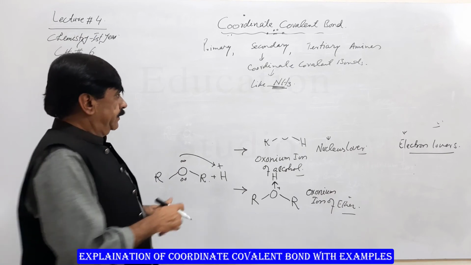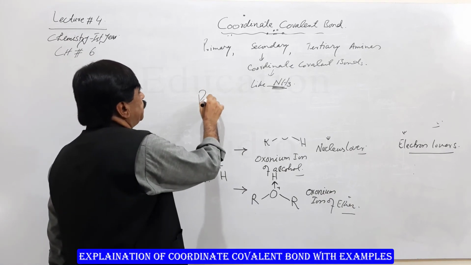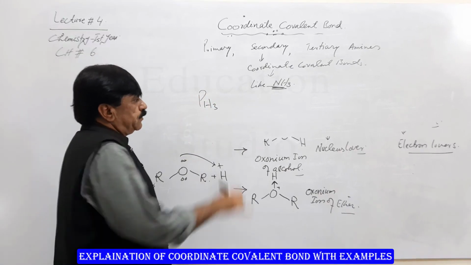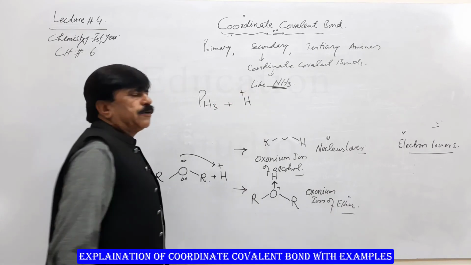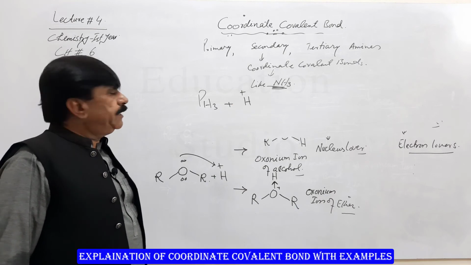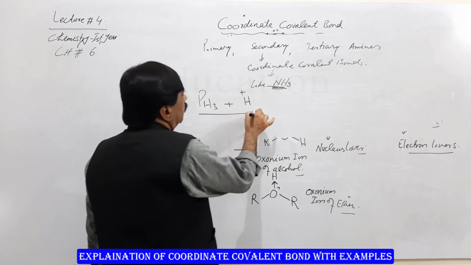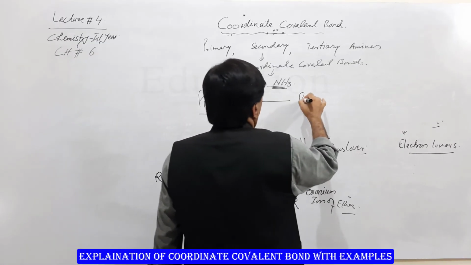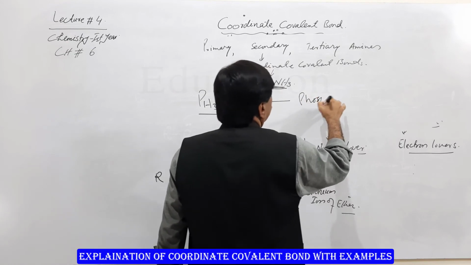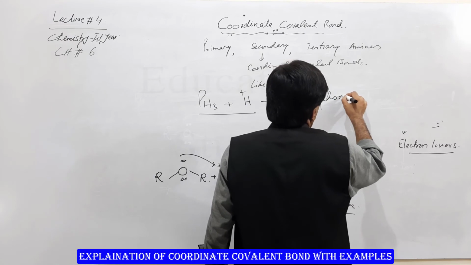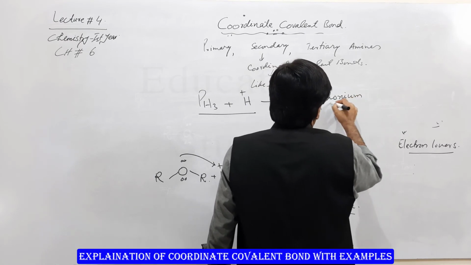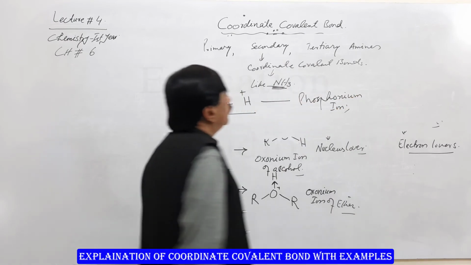In the same way, phosphine also forms a coordinate covalent bond with the hydrogen ion, forming the phosphonium ion.